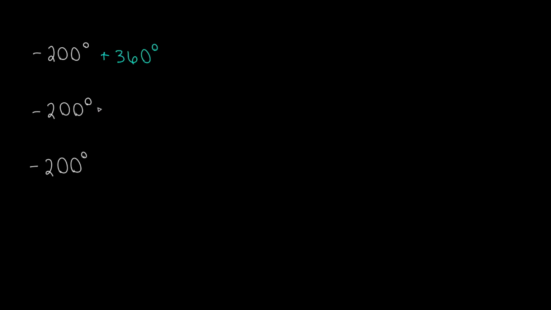To find our negative coterminal angle, we subtract 360 degrees. So our positive coterminal angle is 160 degrees, and our negative coterminal angle is negative 560 degrees. To find all of our coterminal angles, we're going to add k multiplied by 360 degrees. And this will give us all coterminal angles.